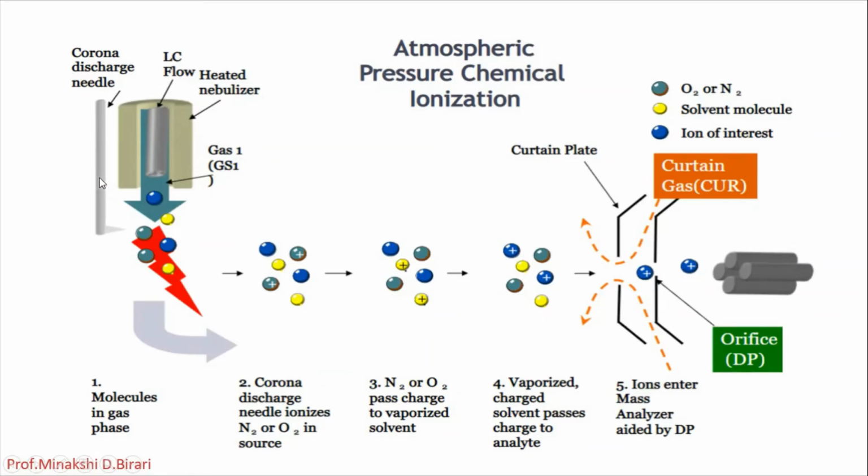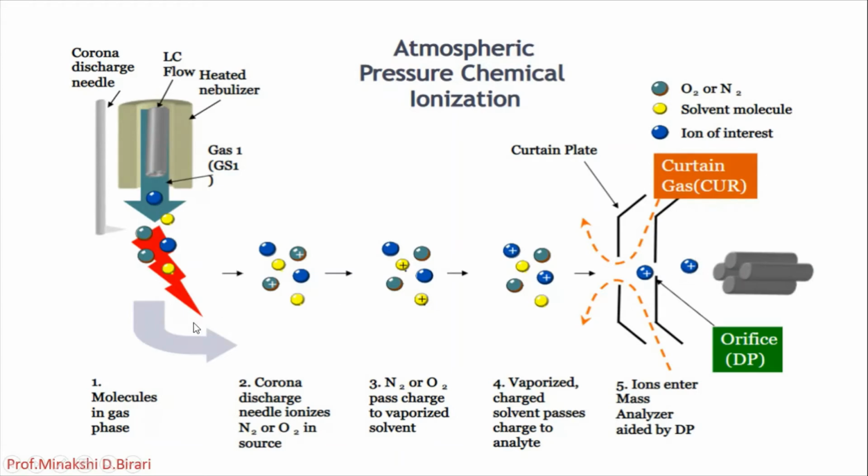Here the corona discharge needle or emitted beta particles are used for ionization, and due to collision of ions and molecules, charge transfer between solvent and analyte takes place, and it will produce MH+ ions, which are called quasi-molecular ions.